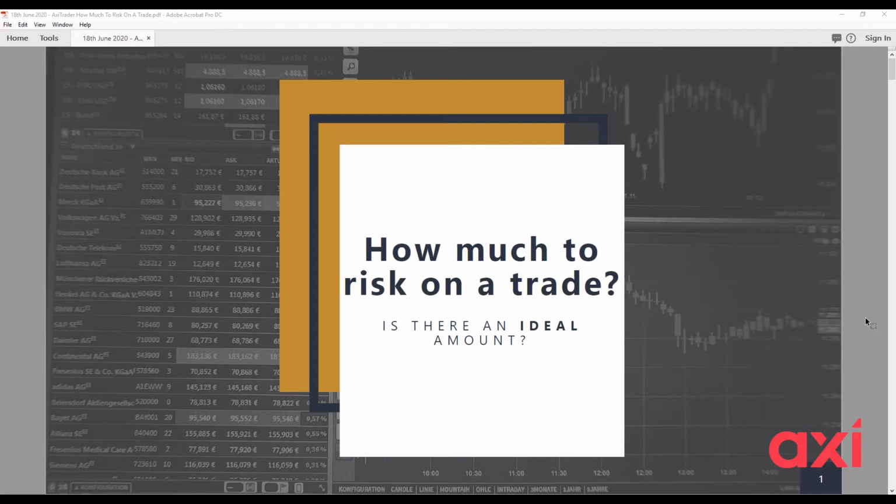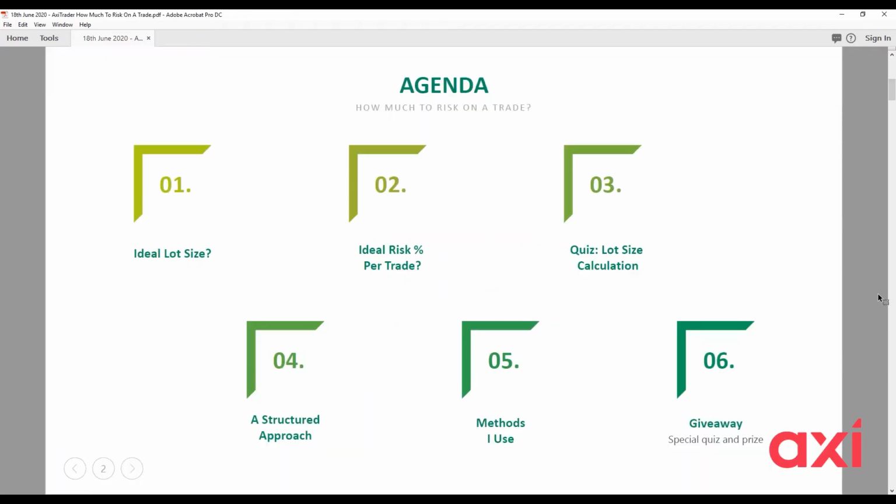All right, so before we begin, I'd like to give you a short introduction of myself and the agenda for today. Today we'll be covering what is the ideal lot size you should trade, what is the ideal risk percentage you should put per trade, and we have a small quiz on lot size calculation.